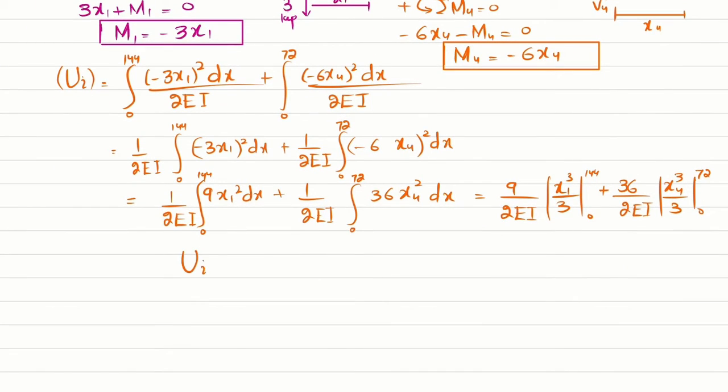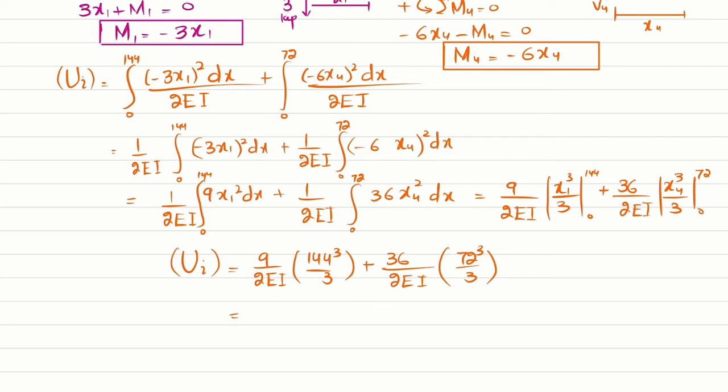So at the end, when you calculate it, you can put the value 9 over 2EI into 144 cubed over 3 plus 36 over 2EI into 72 cubed over 3.